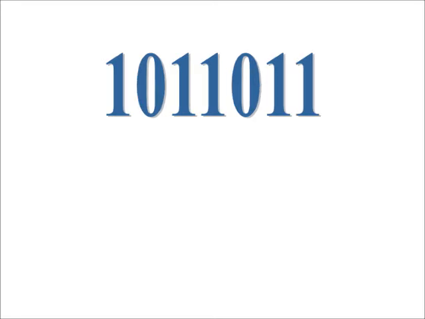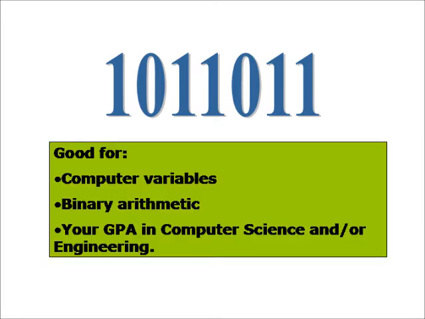And now we will add 1 to the new number. Voila, there it is, the twos complement. The twos complement is the most commonly used of all the techniques and is used mostly in computer code, computer variables, computer languages, and binary arithmetic, which you will see in the fourth video of this series.